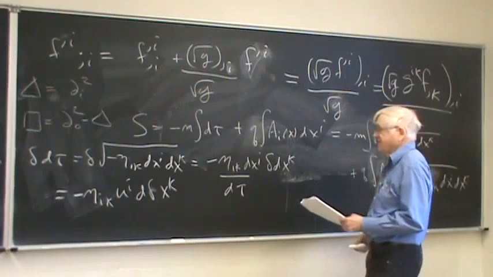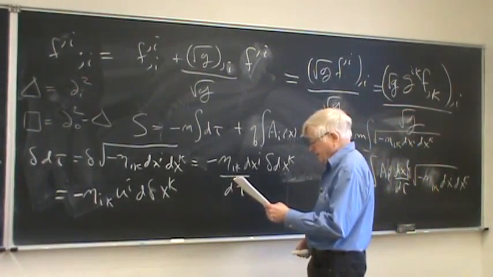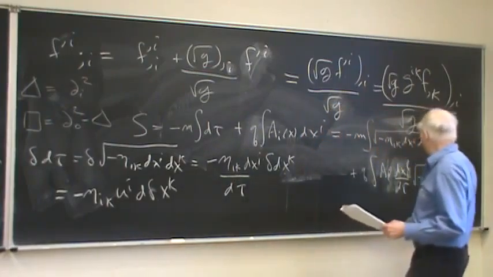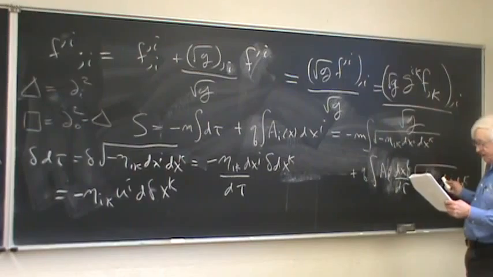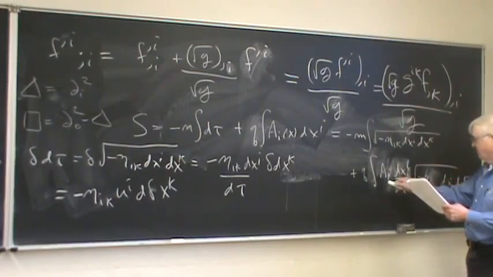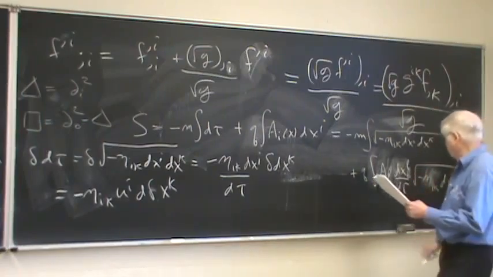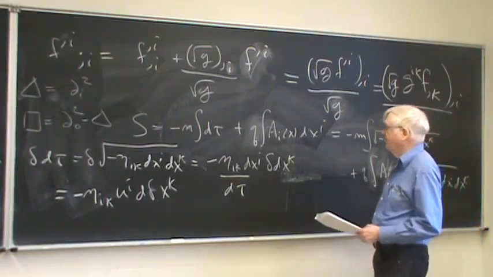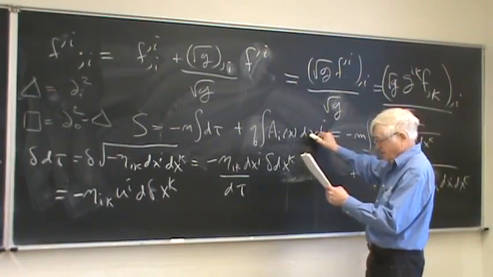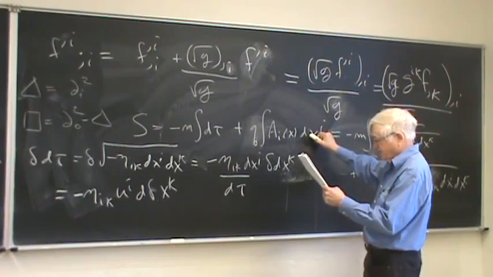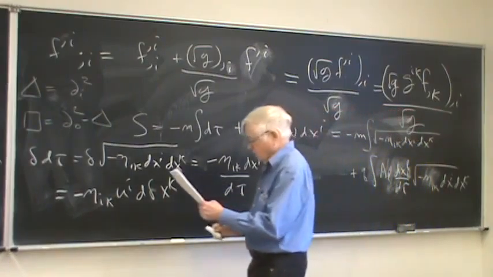And now the rest of this is, we have basically dτ here, and so we're going to vary that, but we also have A_l dx^l there. And in fact, maybe I didn't even need to fool with this, now that I think about it. All right, anyway, let's just look at what this is.